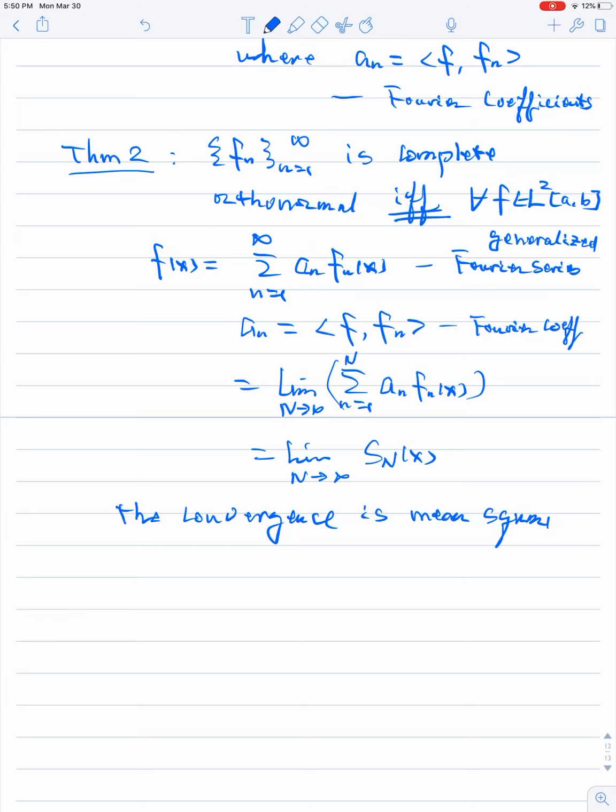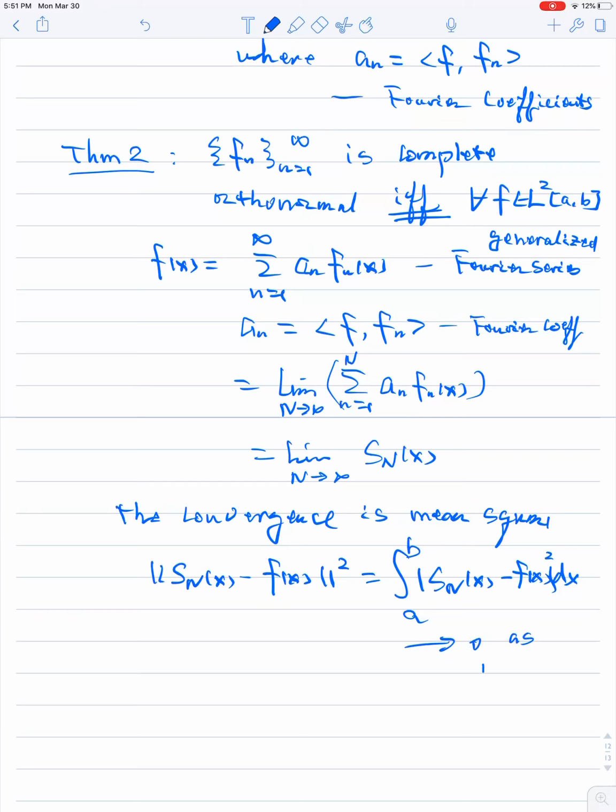What it means is that the norm of S_N(x) minus f(x), squared, the integral from a to b, is 0 as N goes to infinity.